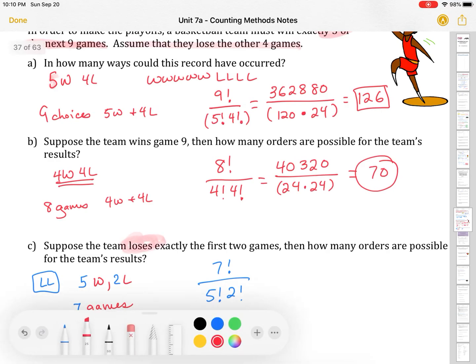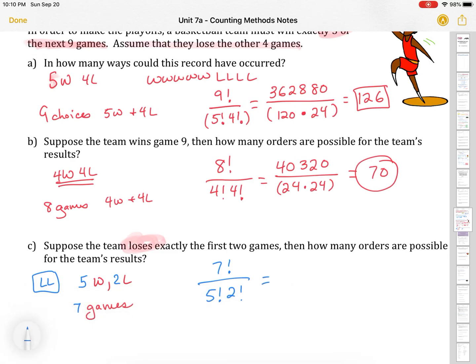So 7 factorial over 5 factorial times 2 factorial. I am so sorry. I read that word as wins, and that would be incorrect. Okay? So when I multiply through that, for my 7 factorial, I got 5040. 5 factorial is 120, and 2 factorial is just 2. So I multiply that through and I get 21. Okay, my apologies. Alrighty, let's take a look at some other options.